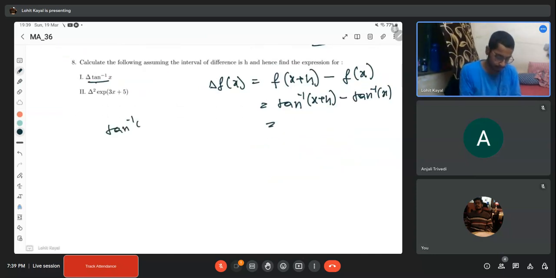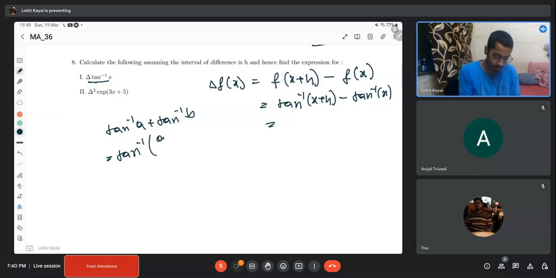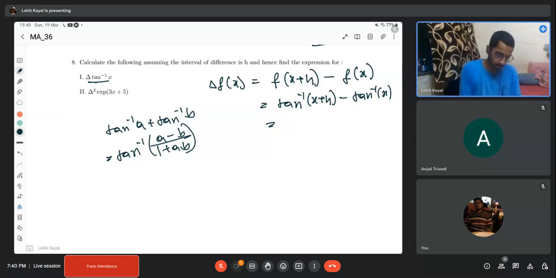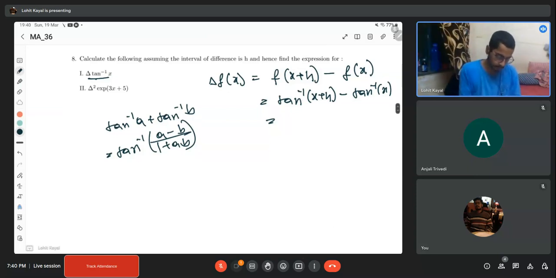So tan inverse a minus tan inverse b is equal to tan inverse of a minus b divided by 1 plus a b. This is the correct formula. Now in this case, what will be the situation?